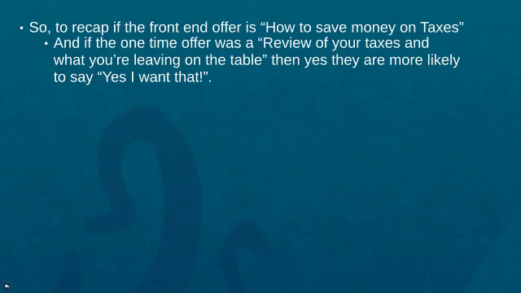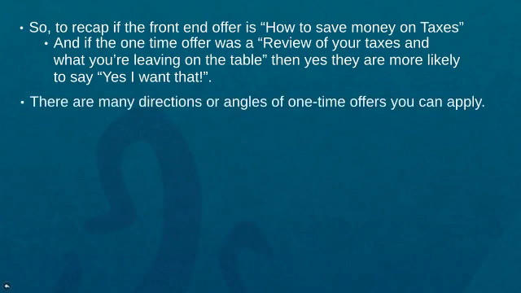Because with the front-end offer, they bought that because they know that they may be losing money on the table and they're not saving money. So they bought the course on how to save money on taxes. So having a review of that would be good, right? That would be related.